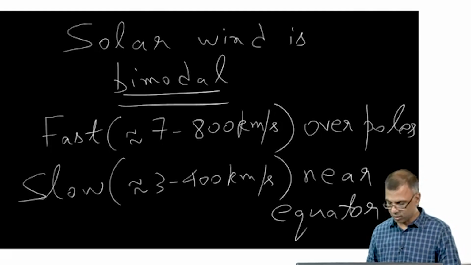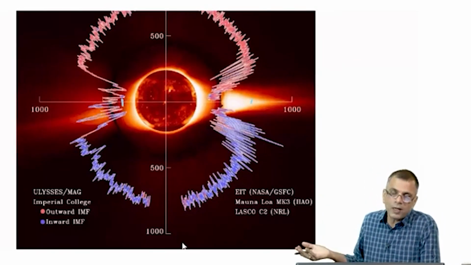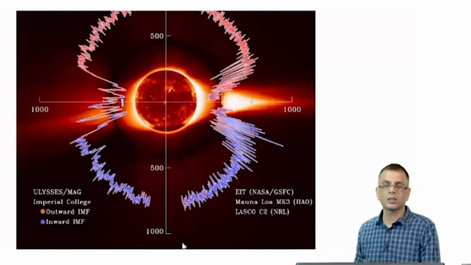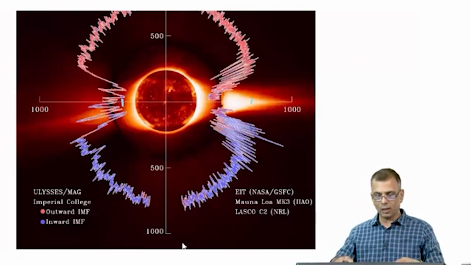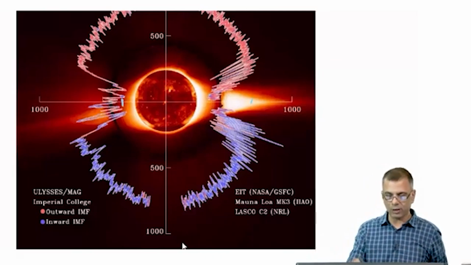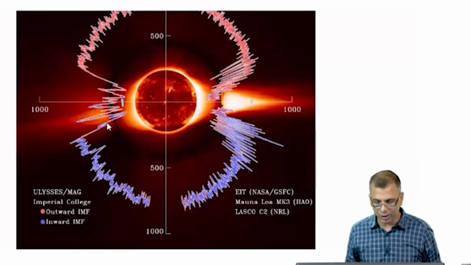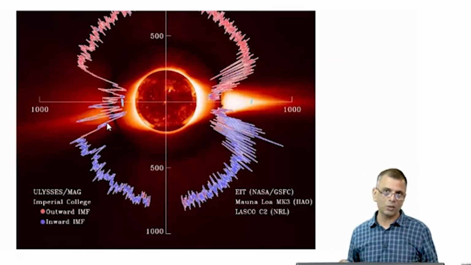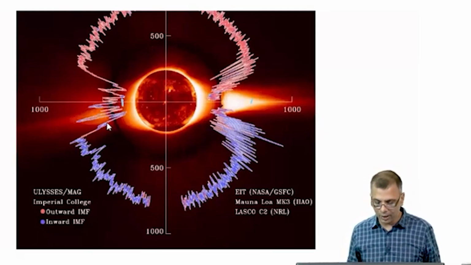This is the message that this figure is telling you. Okay, so clearly this is not a spherically symmetric solar wind. A spherically symmetric solar wind would have the same speed irrespective of the equator and the pole, right? So this is, you could say, a drawback of the theory that we just outlined.